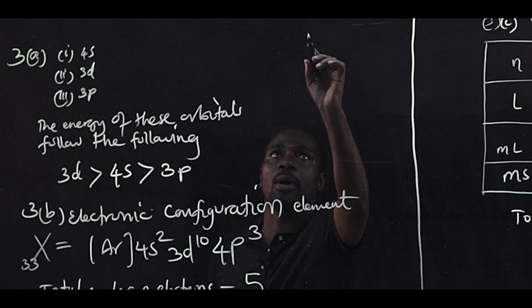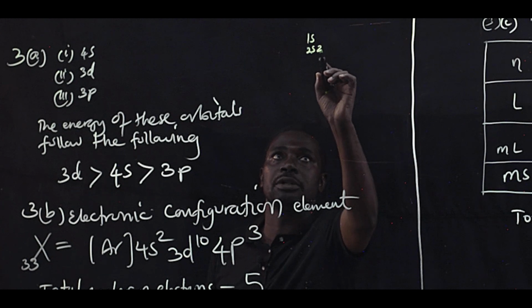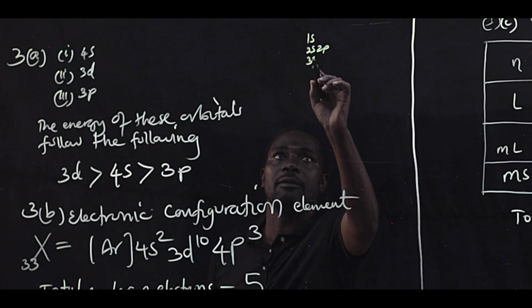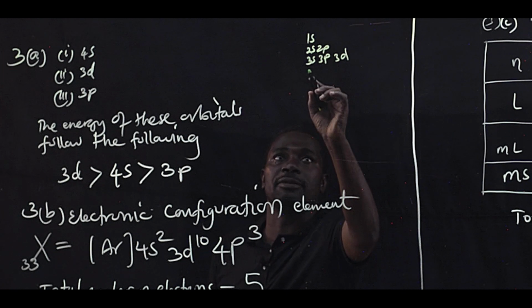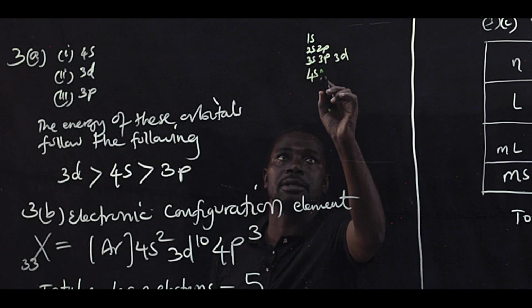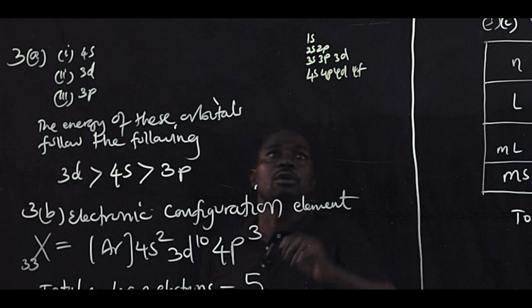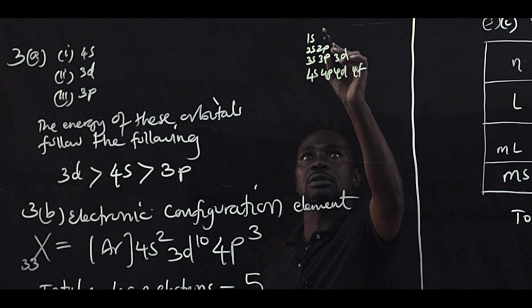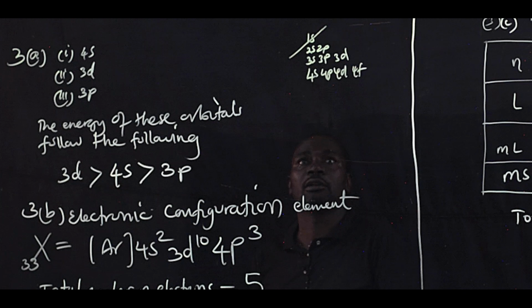For example, shell number 1 has 1s, shell number 2 has 2 subshells, shell number 3 has 3 subshells, S, P, and D. Shell number 4 has 4 subshells, S, P, D, and F. Use these orbitals to construct the series of orbitals which applies to electron configuration.